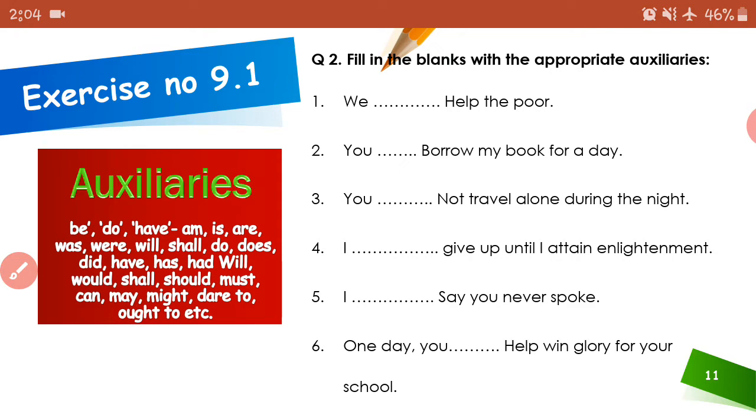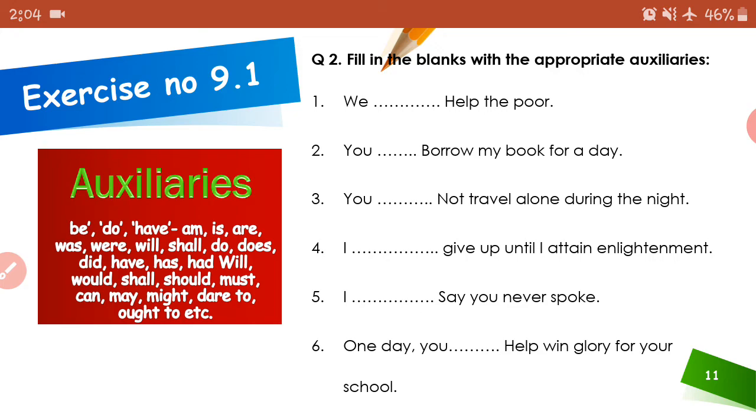Be, do, have, am, is, are, was, were, will, shall, do, does, did, have, has, had, will, would, shall, should, must, can, may, might, dare to, ought to, etc. Now let's start from question number 1.